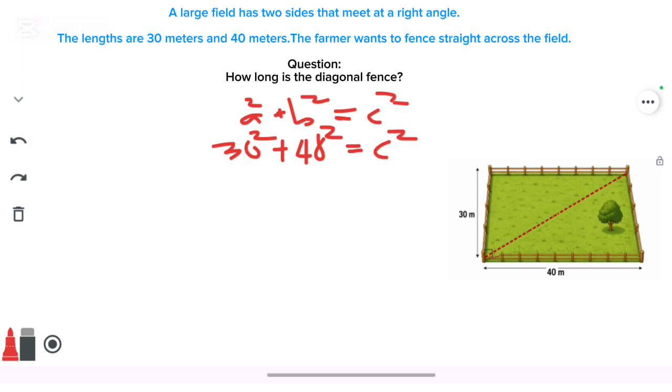Alright, so the first thing we will do is square these numbers.